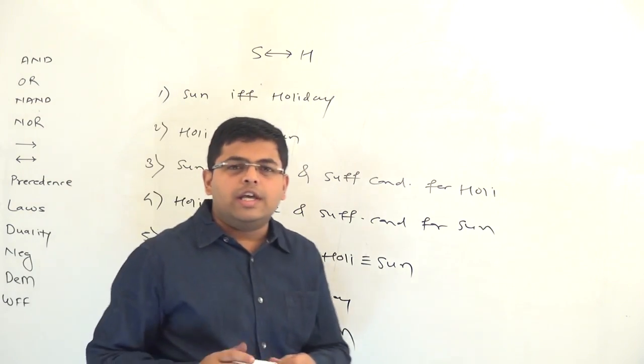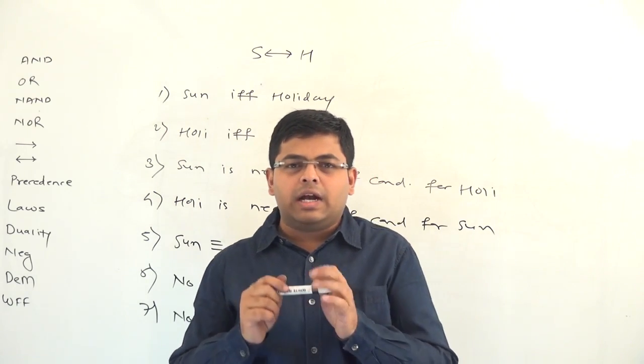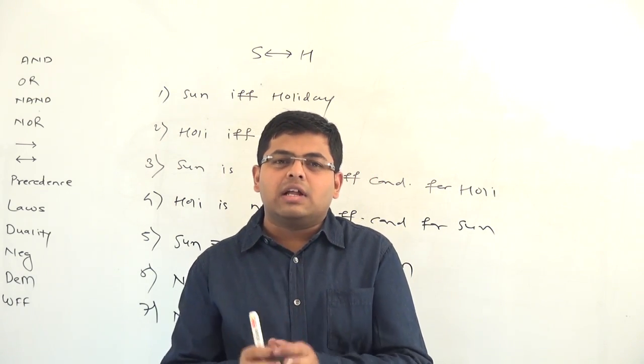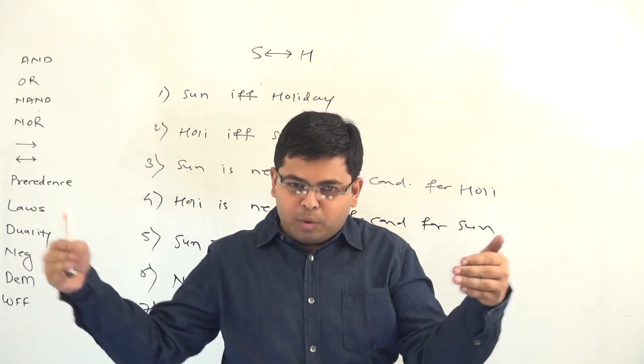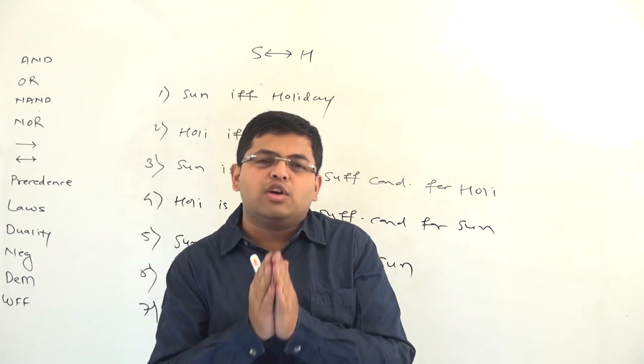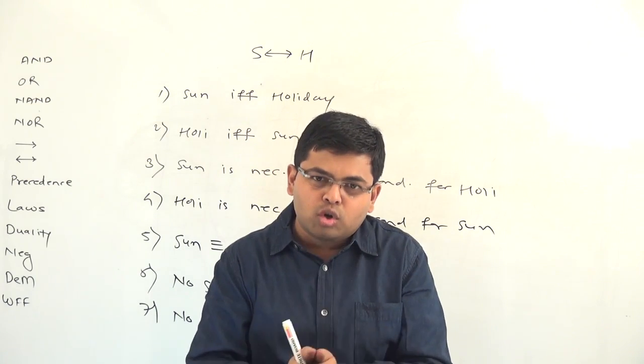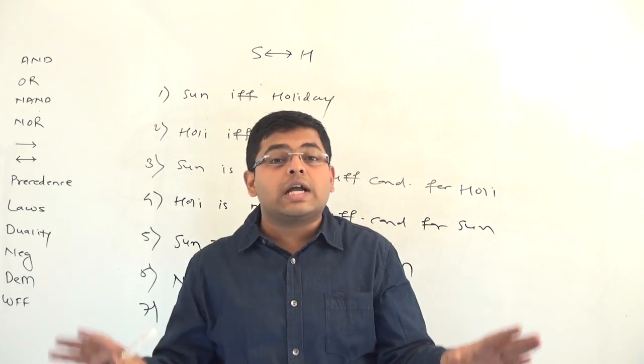So the only important thing that you need to understand is biconditional is nothing but conditional in both the directions, and the value of biconditional will be true if and only if both the sides are same.